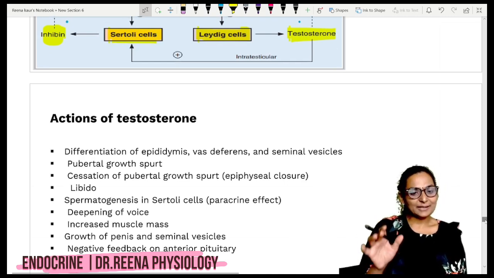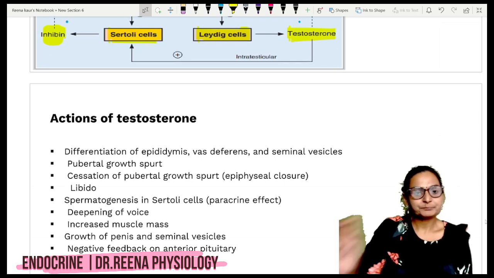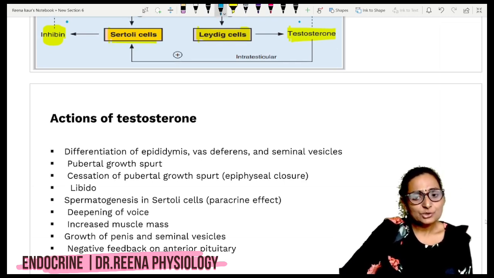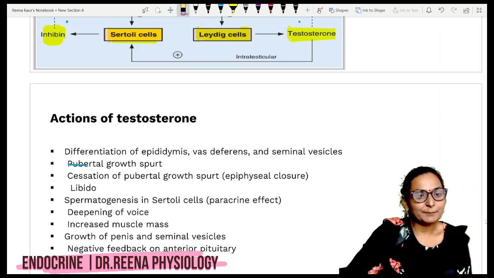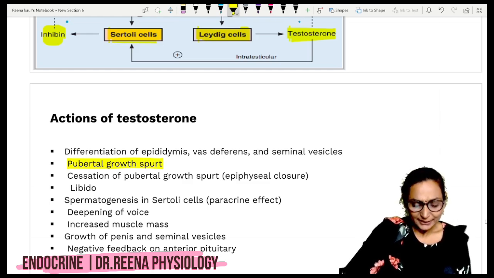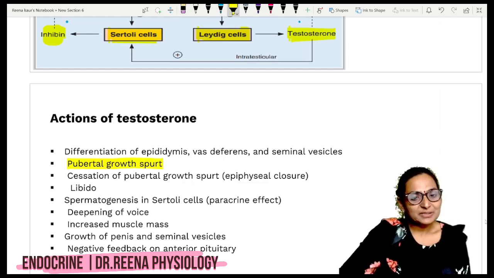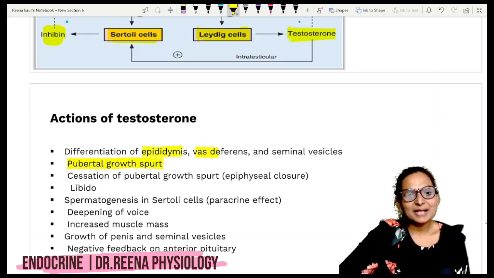What are the actions of testosterone? Testosterone is very important for the pubertal growth spurt. It helps in differentiation of the internal genitalia, that is epididymis, vas deferens, seminal vesicles.